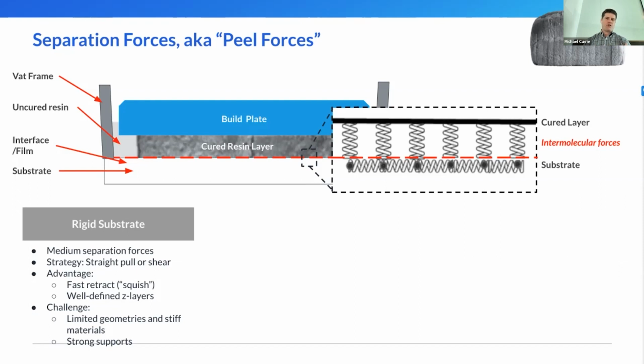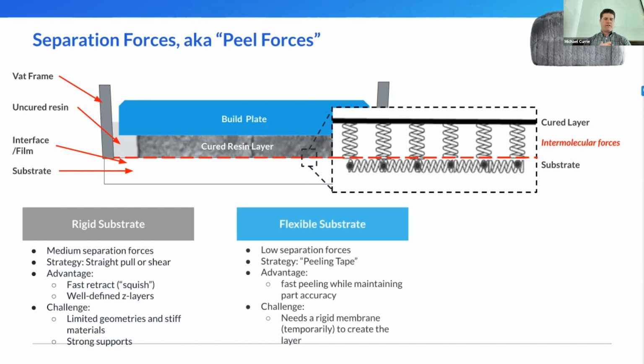Or you have to shear your hand away, or shear the surface away. The challenge there is that you have to have very stiff, strong materials to be able to handle that force, or you have to design your part in a way that has beefier walls, thicker cross sections to be able to handle that.